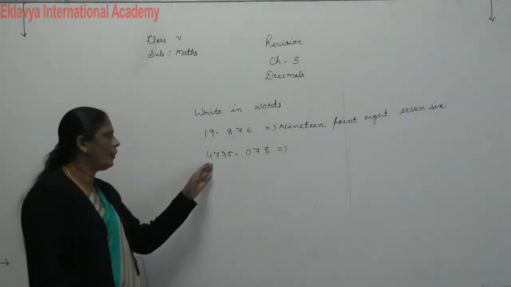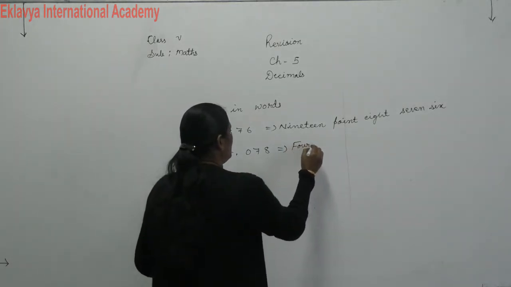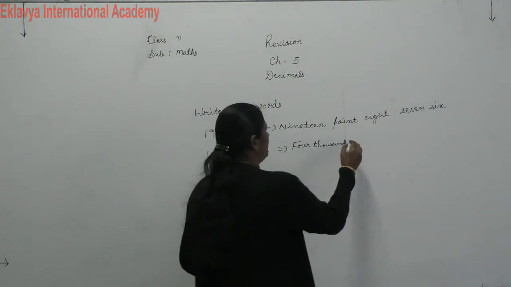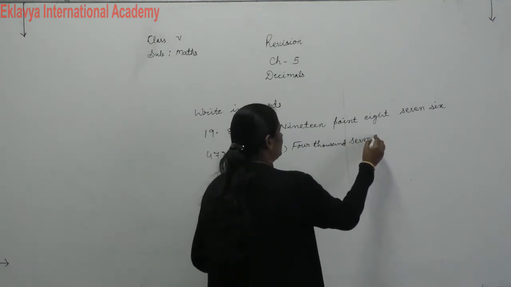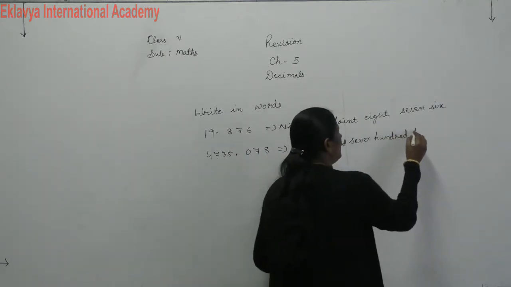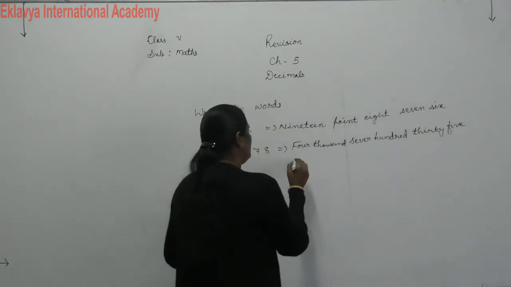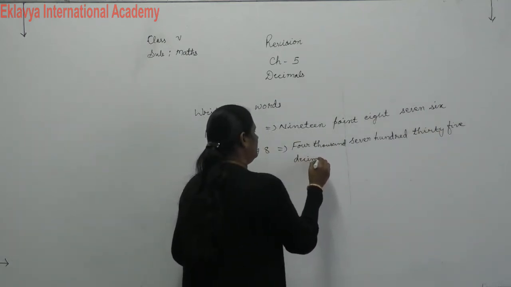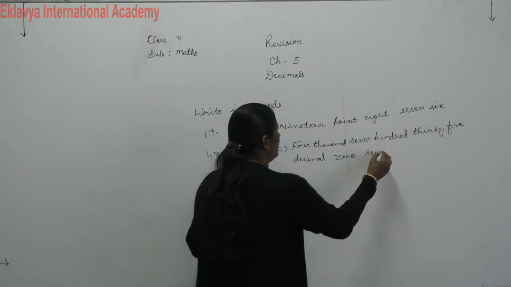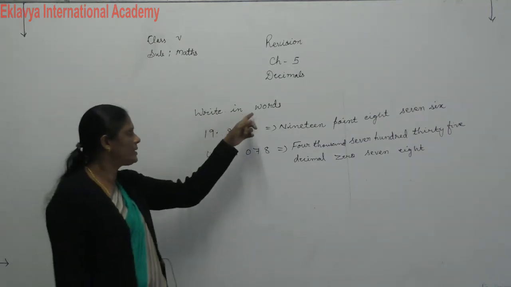Now you read this: 4735, 4000, 700, 735, decimal 078. Understand you?